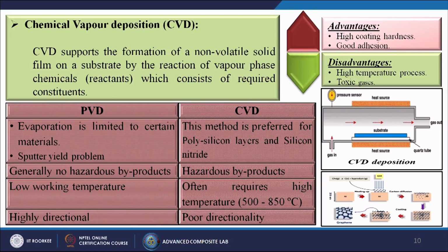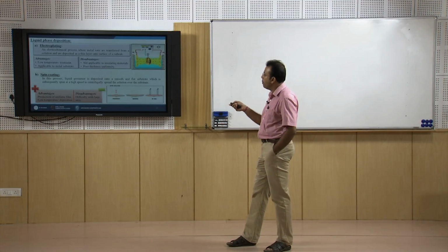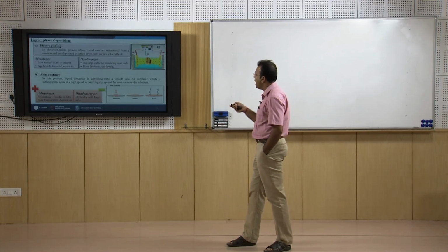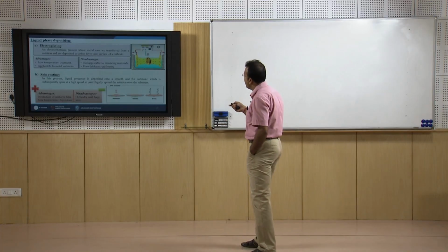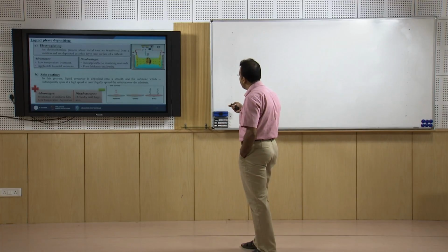Okay. So, the first one is called electroplating. It is an electrochemical process where metal ions are transferred from a solution and deposited as a thin layer onto the surface of a cathode. From this figure you can understand that we have one cathode, one anode, and a certain potential difference between them.